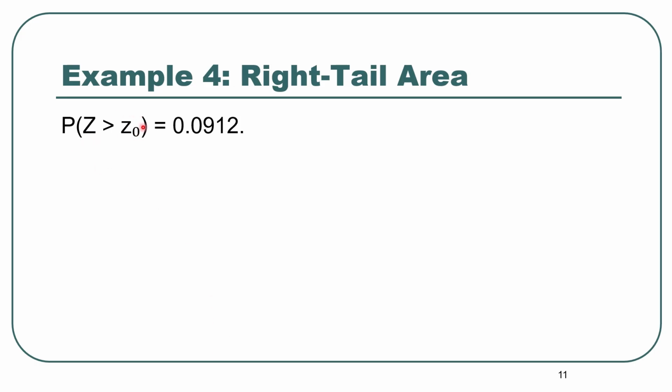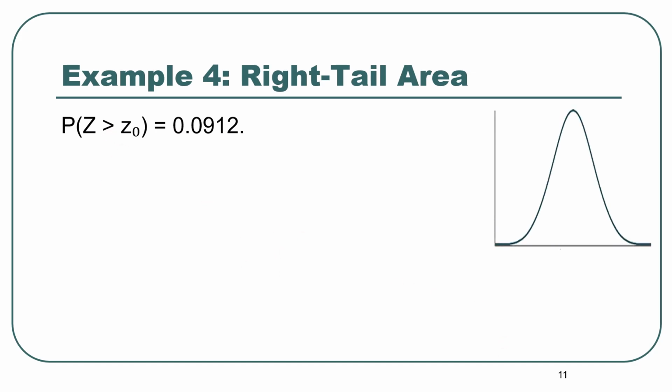What is the z-naught that is gonna let my probability of z greater than it equal to this little tiny value? Now, the first step, as we said, we need to graph my area on the graph, and this is a right area, so I can go ahead and transform it to a left area.